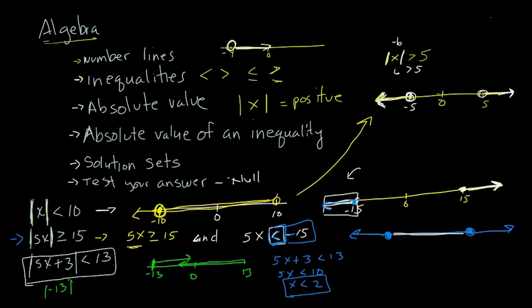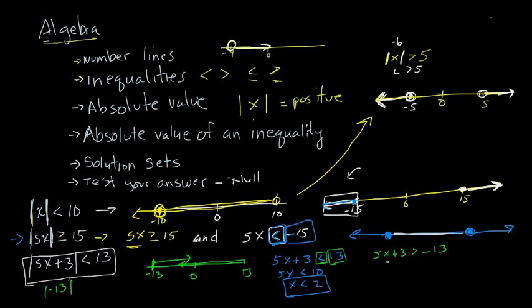And then we have to do the other side of it, and we change both signs. We change this and we change this. So we end up with 5x plus 3, change the direction of the sign, greater than negative 13.